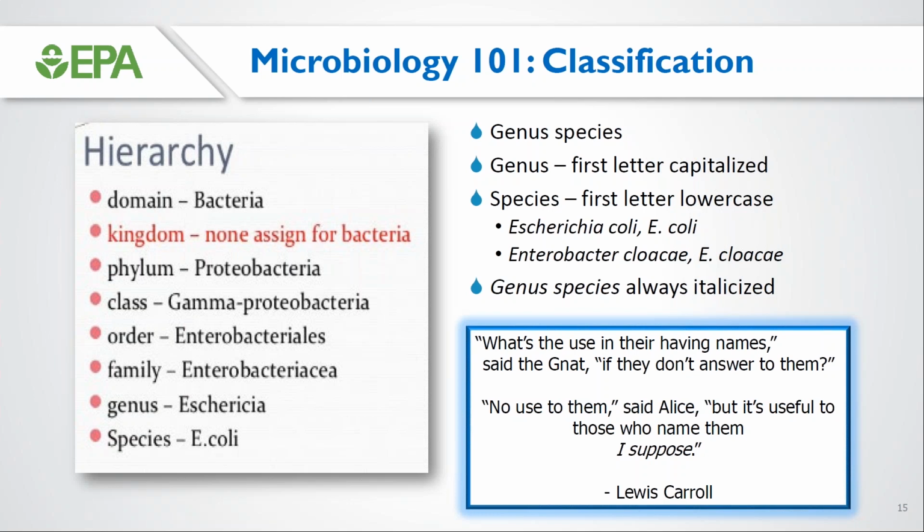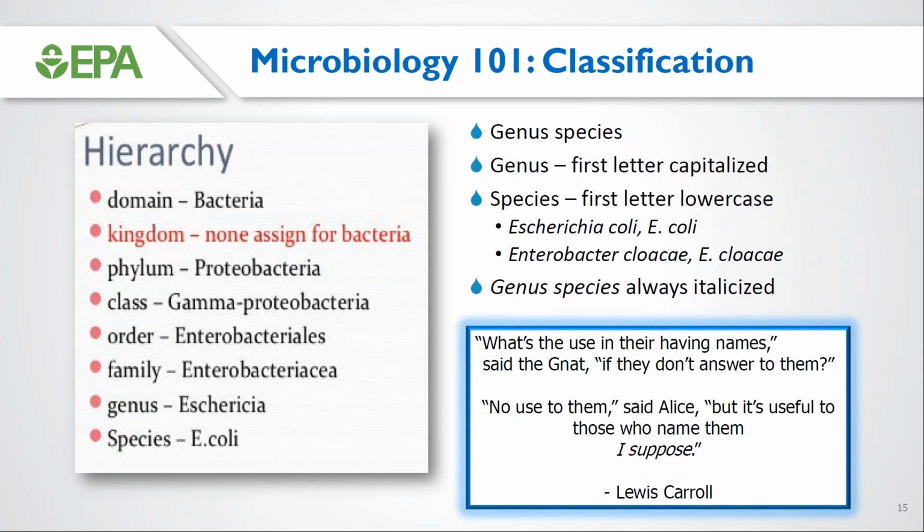The genus name is always capitalized, and the species that follows it is not capitalized, and those are always italicized together. So for instance, you will hear a lot of people talk about Escherichia coli.